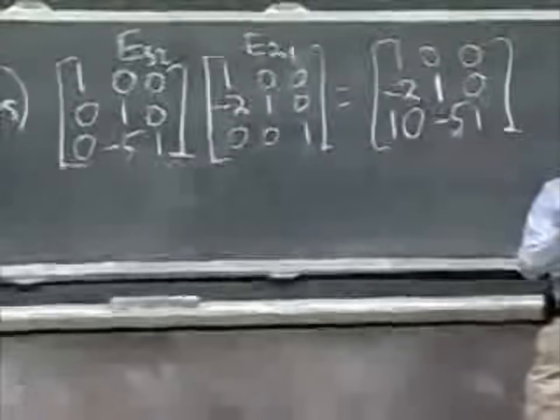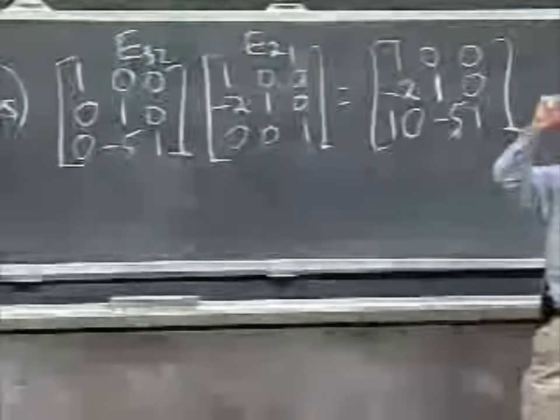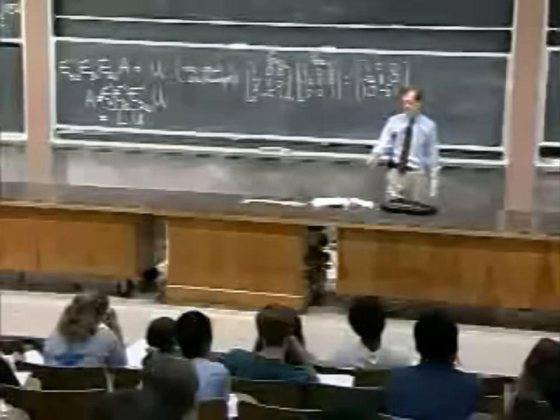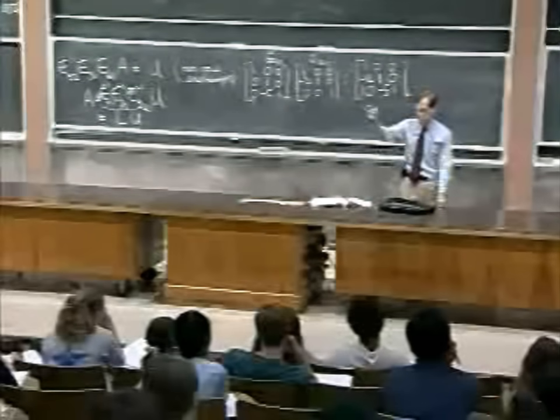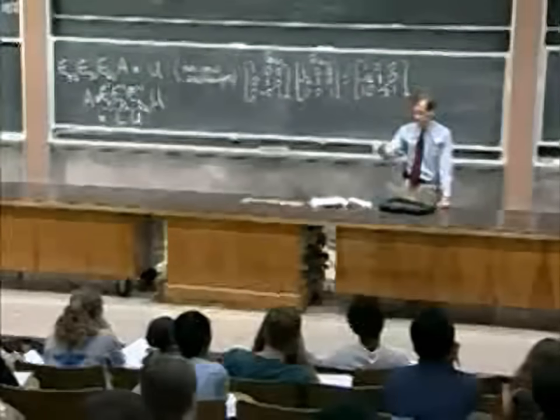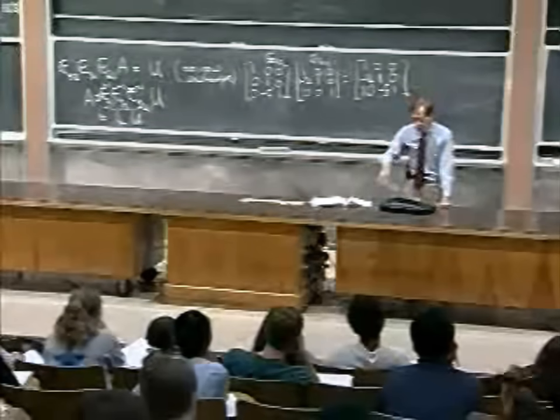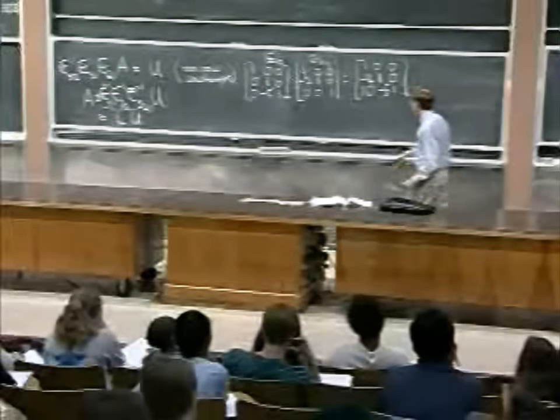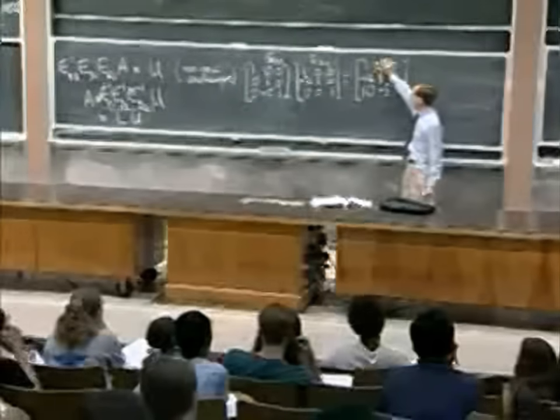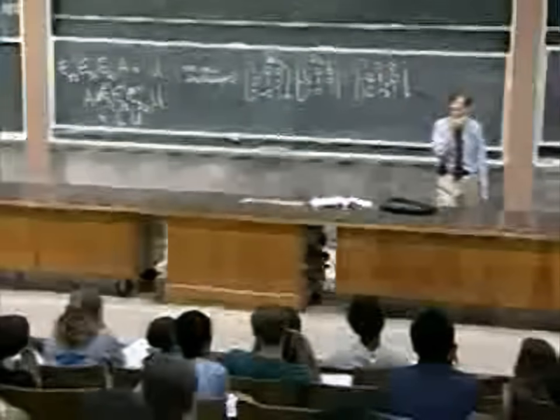So doing it in that order, how did row 1 affect row 3? Well, 2 of it got removed from row 2, and then 5 of those got removed from row 3. So altogether, 10 of row 1 got thrown into row 3.